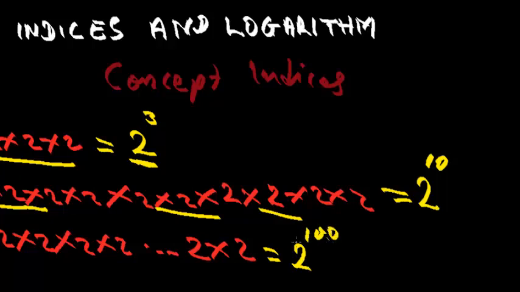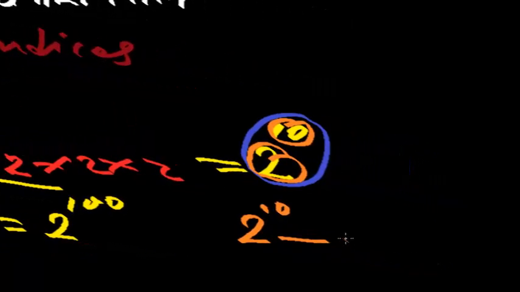Right. So at this point, if we consider what we have here, you see that we have 2 main components of this compound number. One of the components is 10 and the other one is 2. The 2, in 2 exponent 10, is called the base.